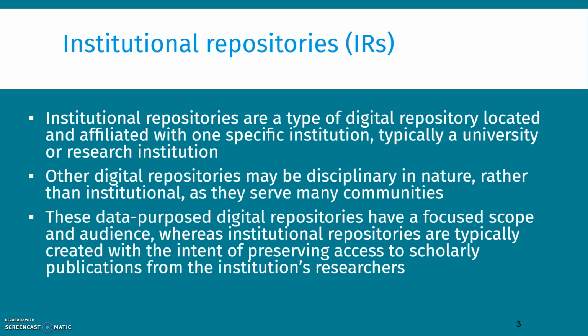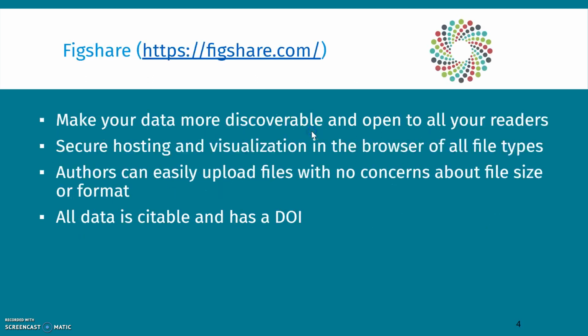These disciplinary digital repositories have a focused scope and audience, whereas institutional repositories are typically created with the intent of preserving access to scholarly publications from the institution's researchers. But more and more, this also includes things beyond publications, including data.